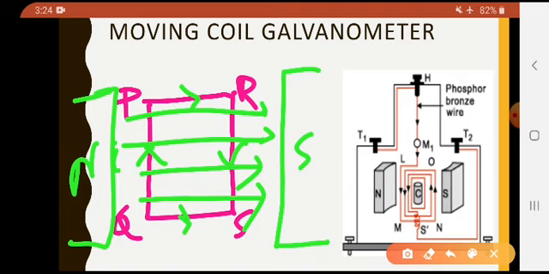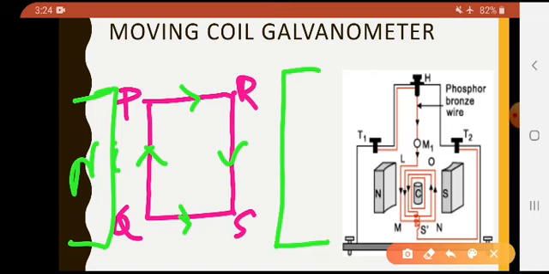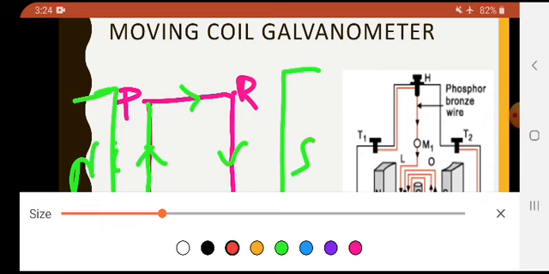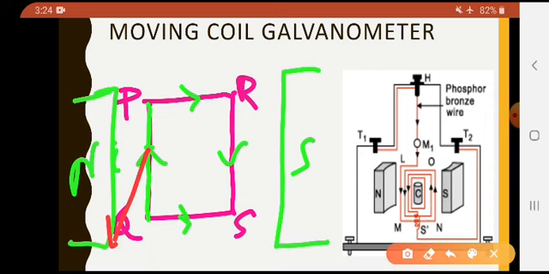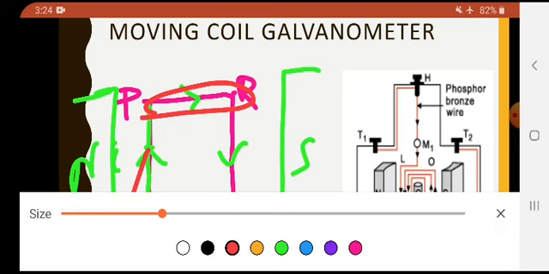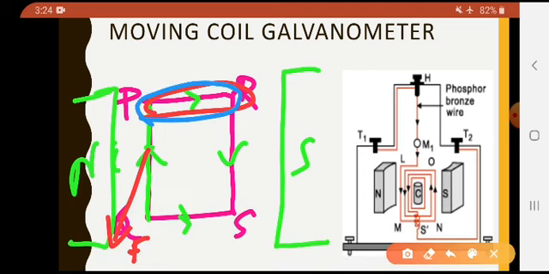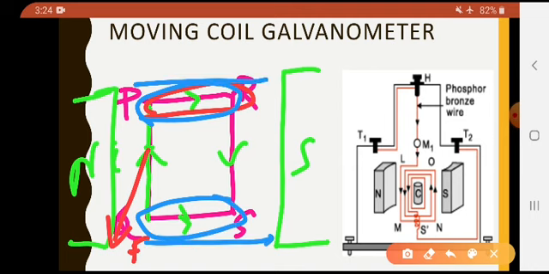Now P and Q experience some force. Consider this force is F. The PR and QS sides are parallel to the field, so they do not experience any force.